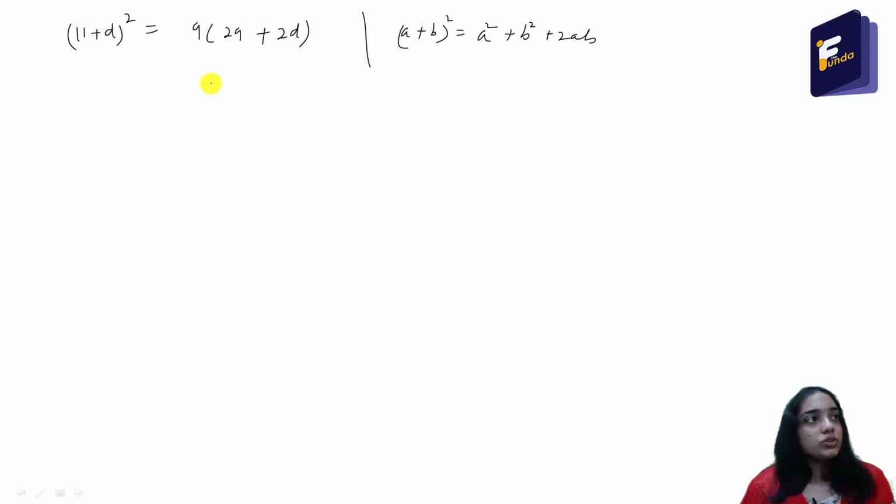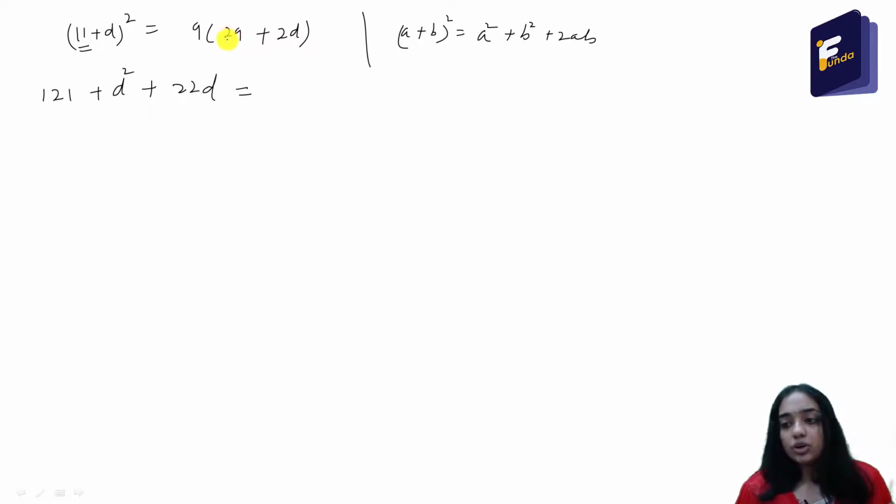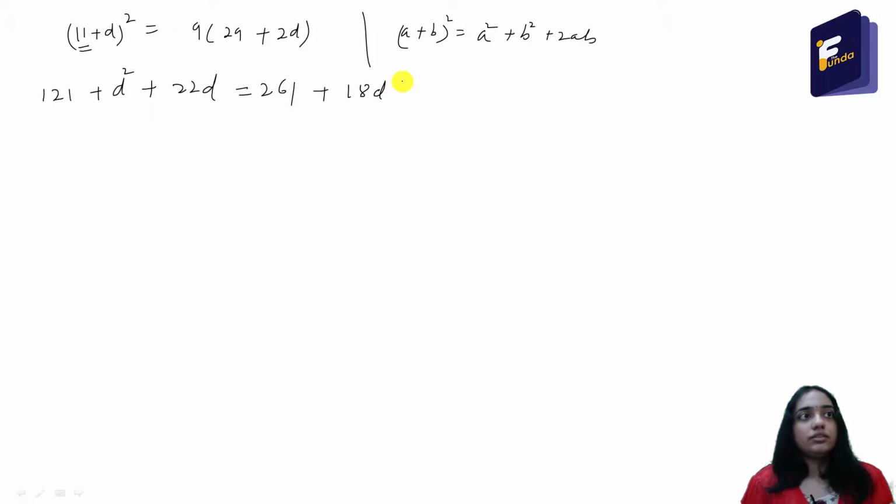Here, in place of A I will write 11. So it is 11 square plus B square, that is D square, plus 2AB, so 2 into 11 into D, which is 22D. Equal to 9 into 29, which is 261, plus 9 into 2D, that is 18D.